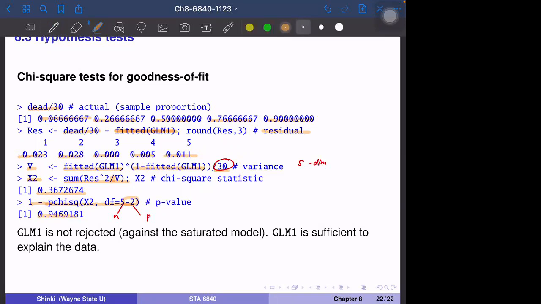And actually this is 0.946. I think previously that was 0.944, so slightly different, but the conclusion is the same, and GLM1 is not rejected. So GLM1 is sufficient to explain the data.